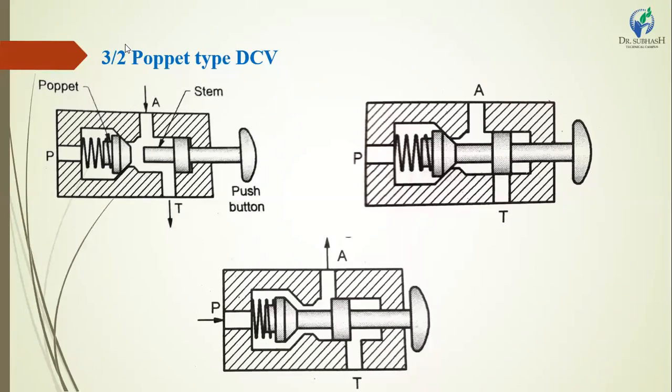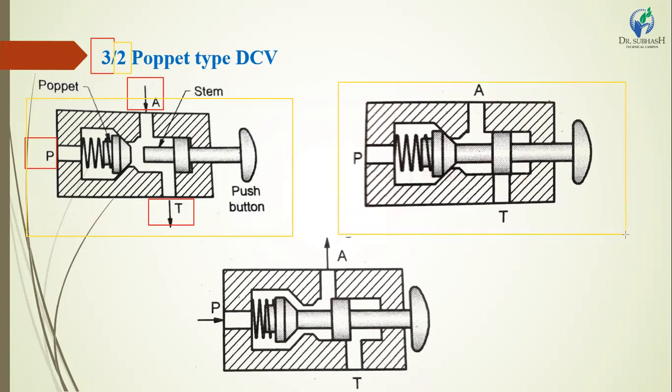The first digit 3 is the number of ports: port 1, port 2 and port 3. The second digit 2 means the possible positions are 2, either the operating condition or the return condition.